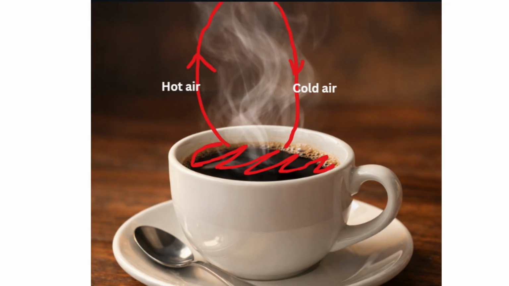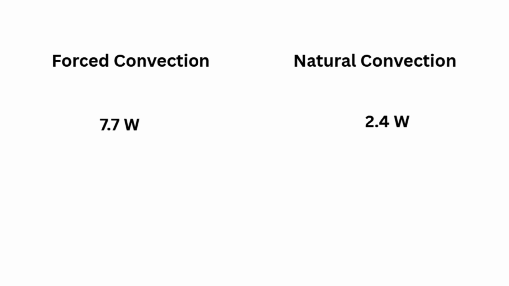But this is the simple concept in which natural convection works. The hot air goes above because of the lower density, and the cold air recycles back. Now the coffee will again transfer the heat to it, and this cycle repeatedly goes on. Anyways, following the calculation that I showed you in the image, you can see, of course, the forced convection is greater. So finally, we have the answer why we blow on something hot.